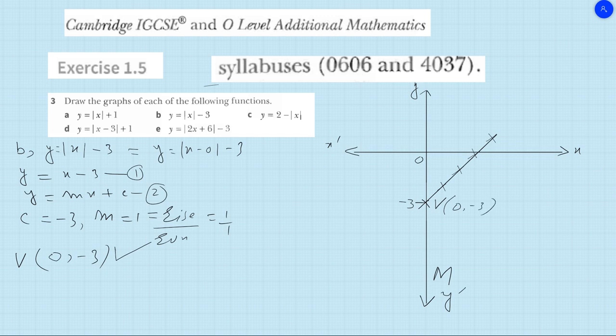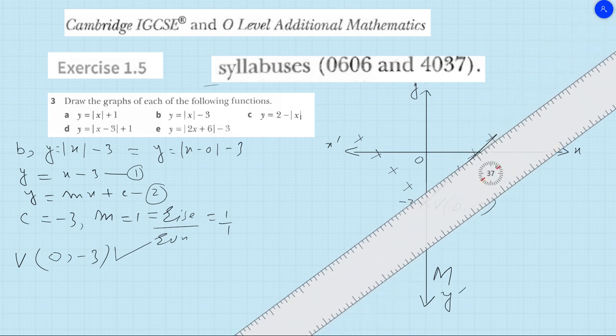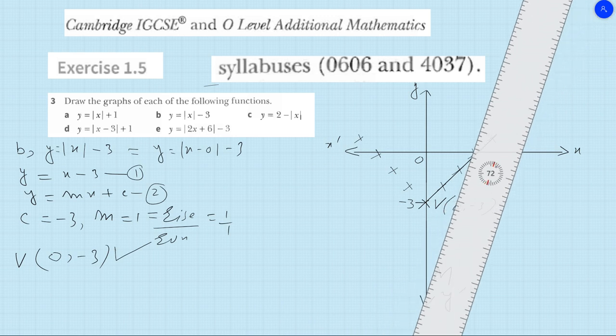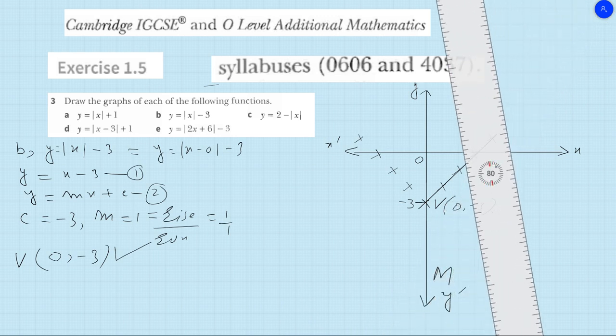Therefore we won't reflect this, but we have to reflect this. This is 1, this is 1, this is 2, this is 2, this is 3, and this is 4. With the help of a scale, we have to join all these 4 points.